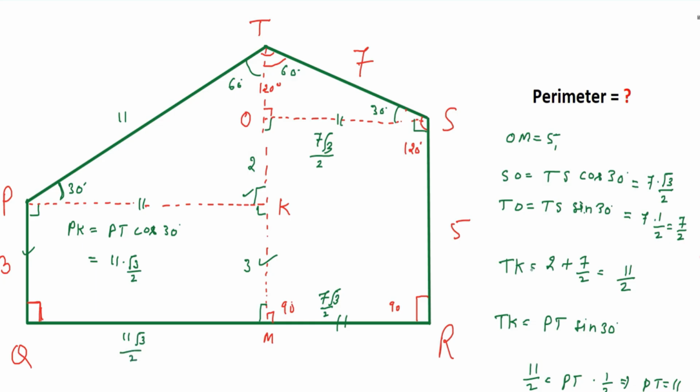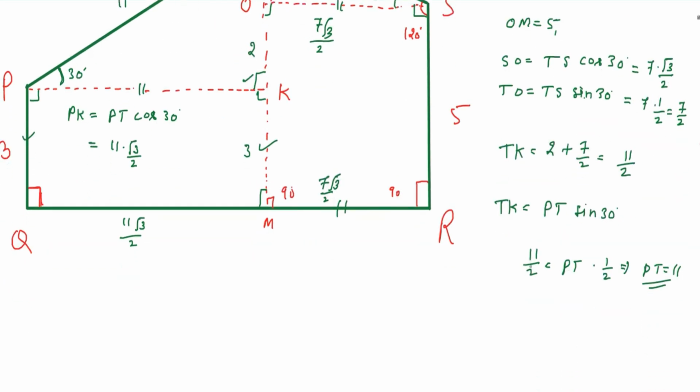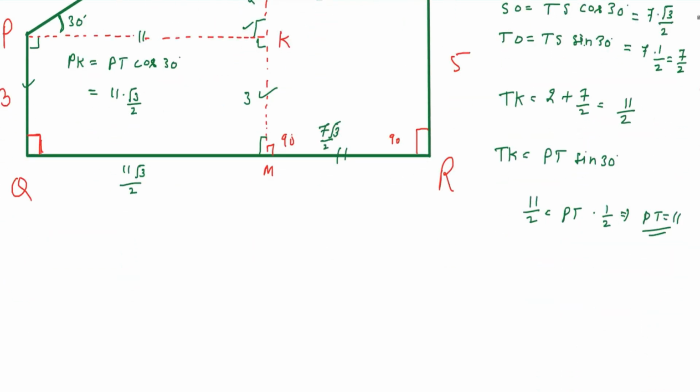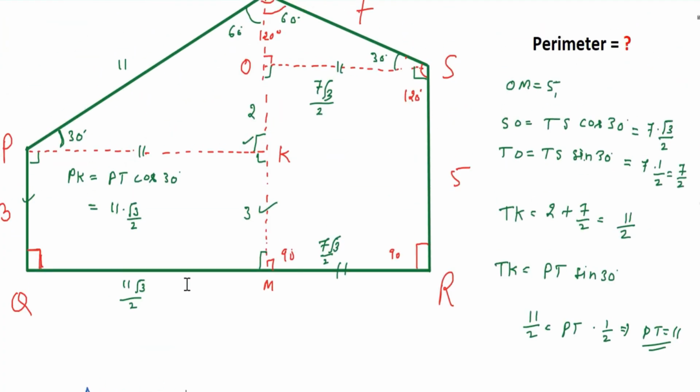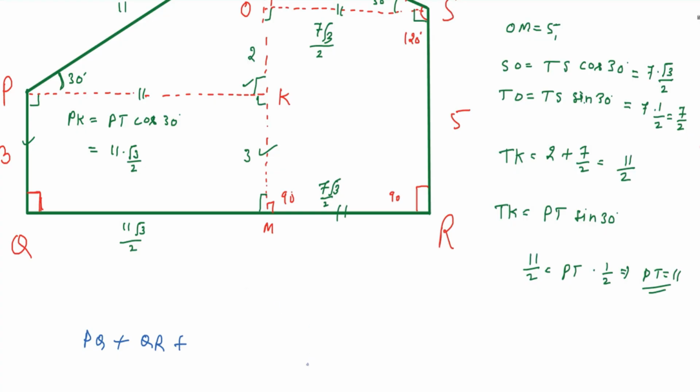With this manner we have all the sides of this pentagon. That means the perimeter of this pentagon will be given as PQ plus QR plus RS plus ST plus TP.